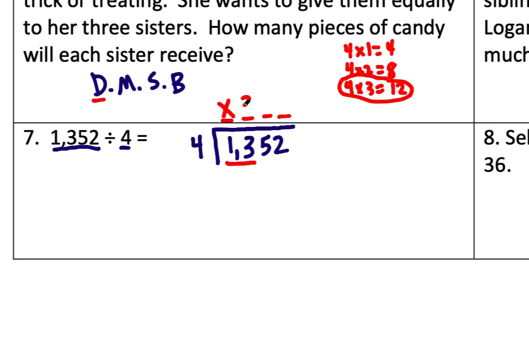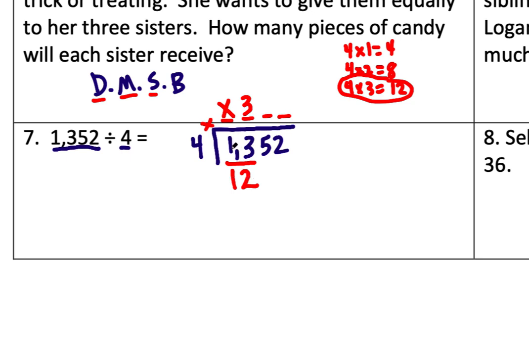I'm going to put a 3 right here in the hundreds column. And then I'm going to, see the M, I'm going to multiply. I'm going to say 3 times 4. And anytime I round this corner, I'm just going to think of multiplication. 3 times 4 is 12. And I'm going to write that underneath 13. And then I'm going to do the subtract stage. So I'm going to subtract 13 minus 12.